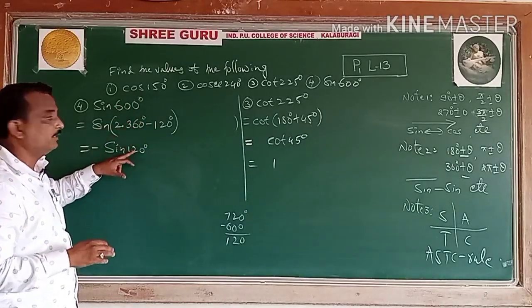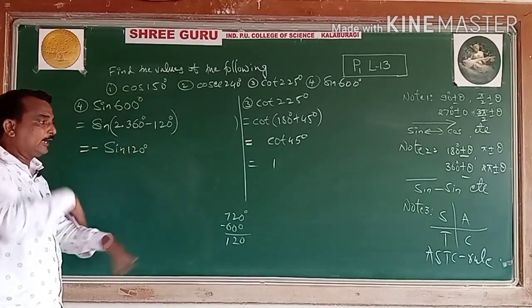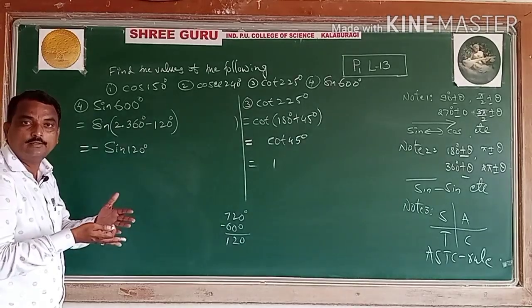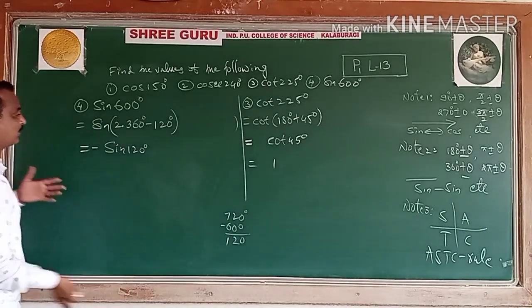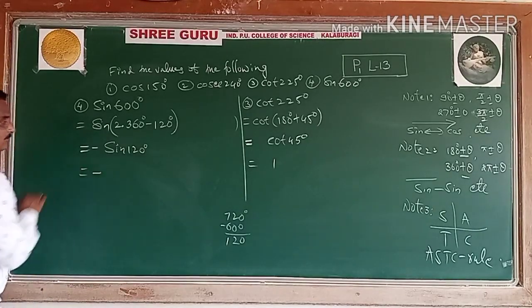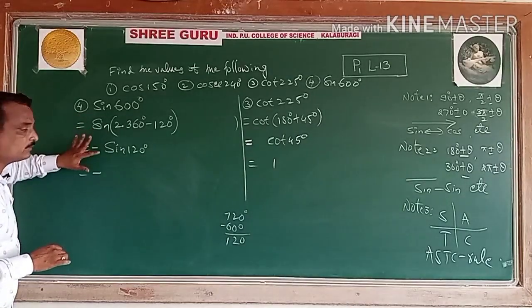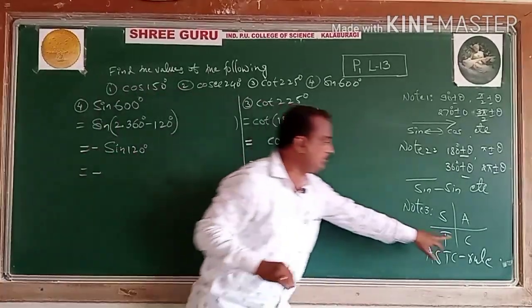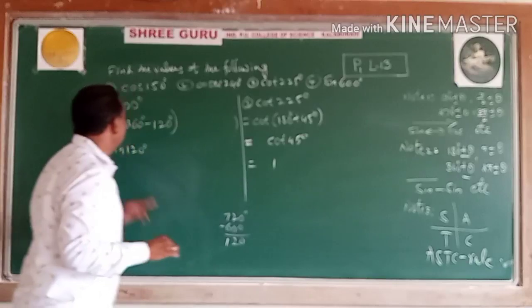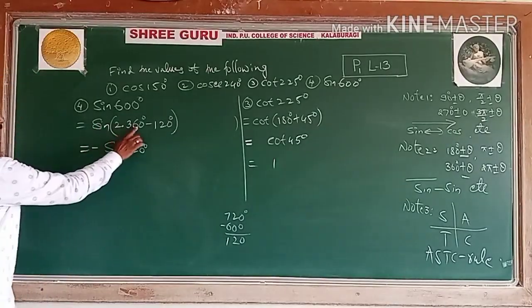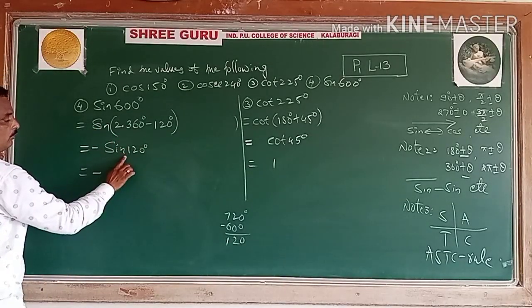Because of the fourth quadrant the sign is negative; only cos and sec are positive. So this minus sign stays as it is. The function is the same, it is sine 120 only.